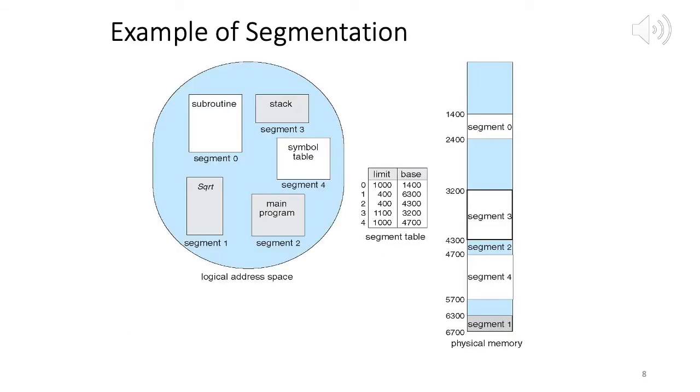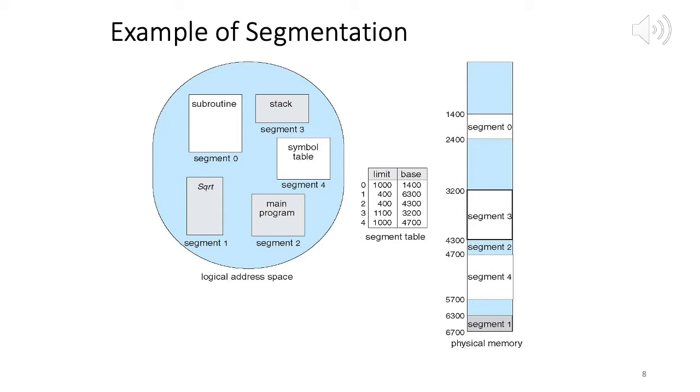Okay, so now I am on slide 8, and this is just an enlarged picture from the previous slide, which is showing how using segmentation we can do a translation between logical addresses and physical addresses. So once again, to recap, from the logical address we extract the segment number and the offset.